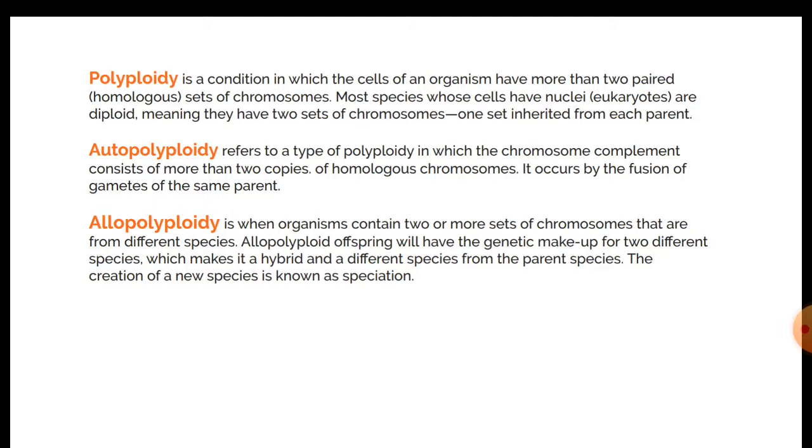So this cross was between radish and cabbage. Each of them had 9 pairs of chromosomes, that is 18 chromosomes. The hybrid produced was diploid, having 9 radish and 9 cabbage chromosomes.